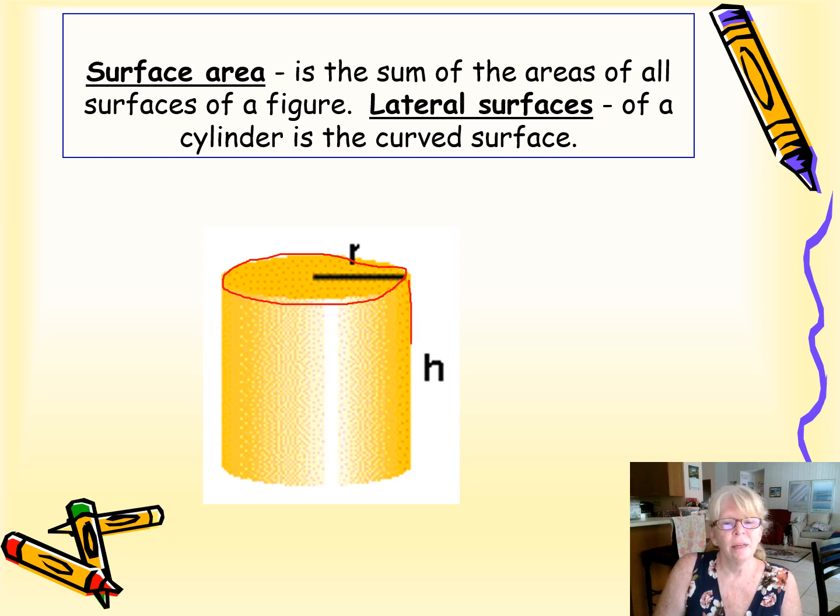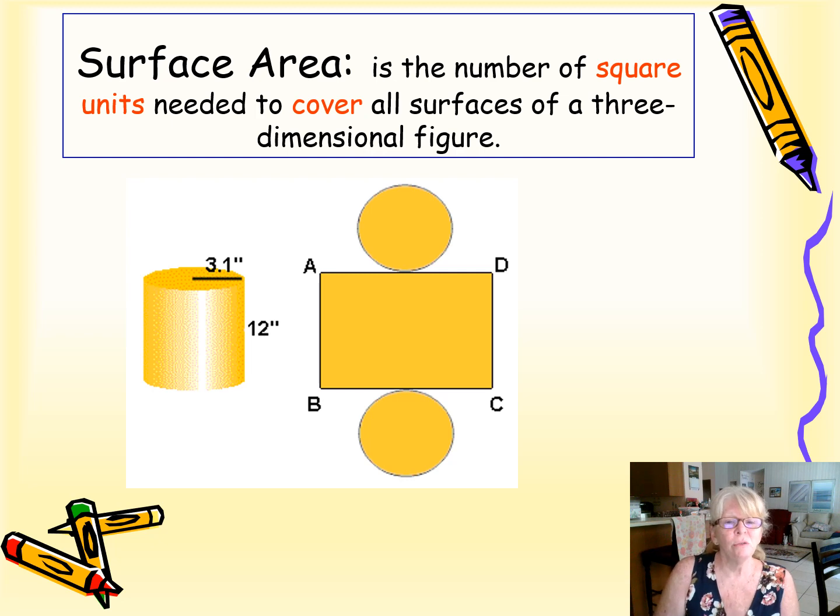And then your height, that's called your lateral surface, that's going to fold out, and I'm going to show you what that looks like. That's going to fold out here. So we need to find 2 areas of circle, so it's 2 times that pi r squared, h, which is the base, and then this is 12. Wait a minute.